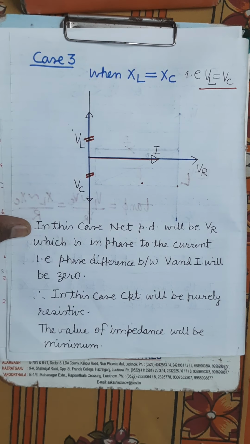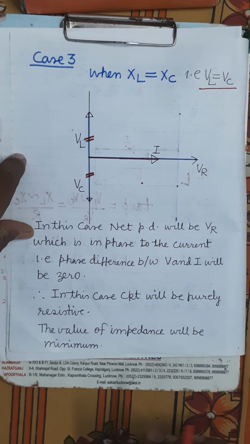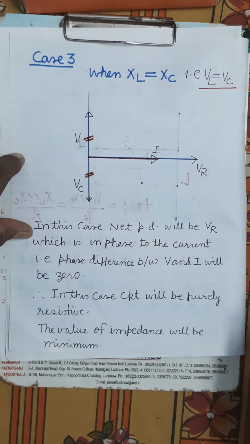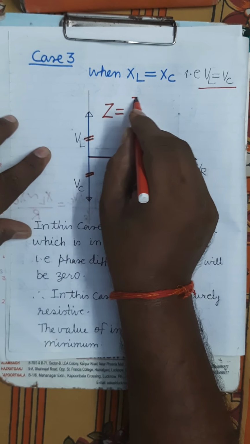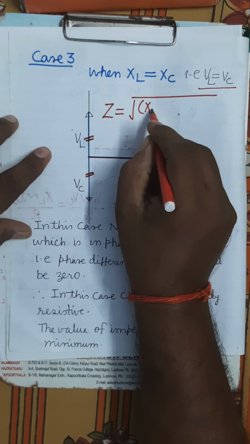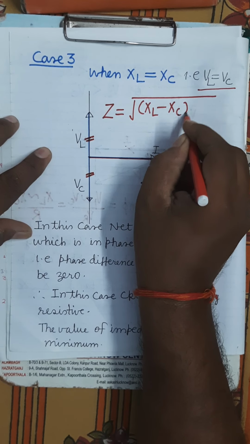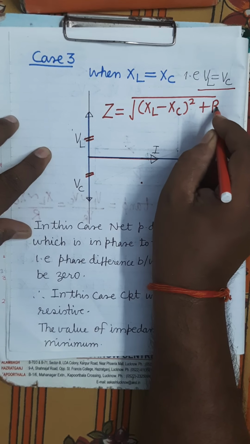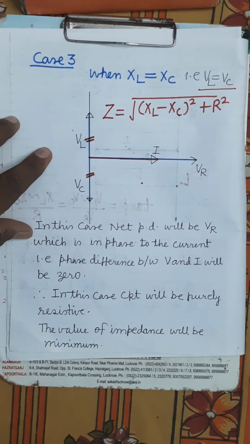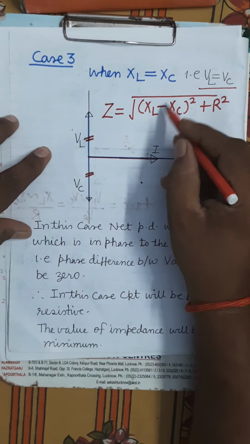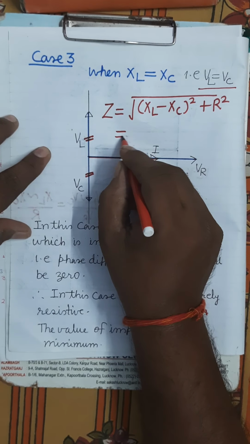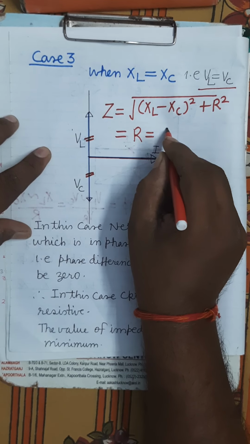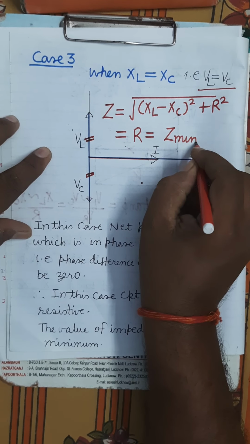And one more thing, here we will find that the impedance will be minimum. Why will it become minimum? What is the formula of impedance? Z equals the square root of (XL minus XC) whole square plus R square. When both become equal, this term will vanish. (XL minus XC) whole square will become 0, and what is left? R. This is the minimum impedance.